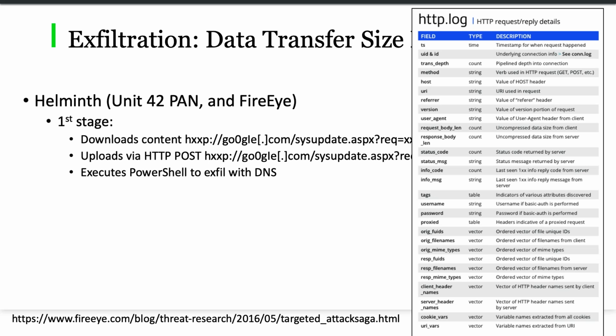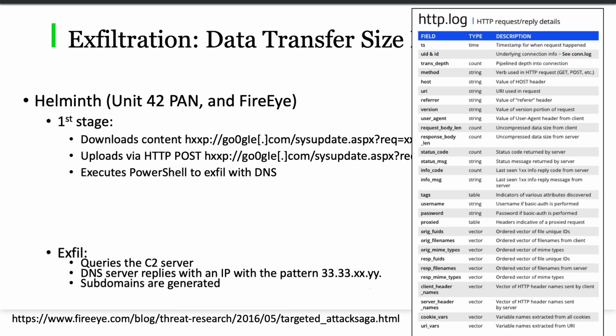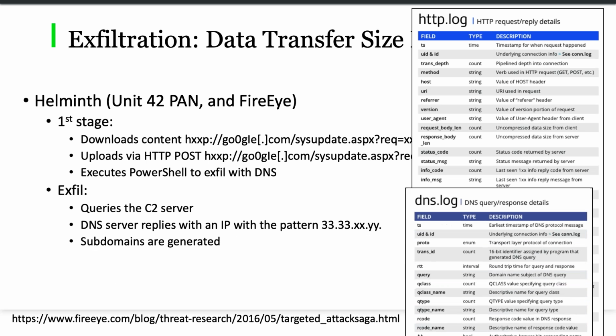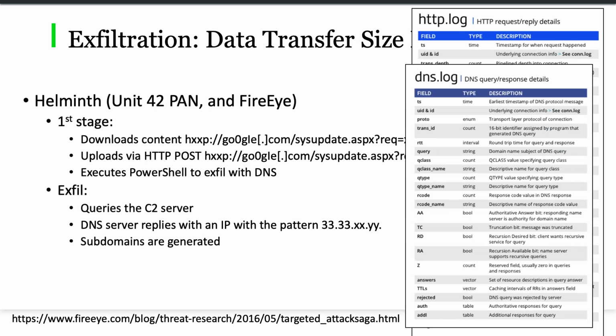So in this case, we can go through and maybe see the first stage, but what if you missed the first stage? And you see in this one instance, it can use PowerShell to exfiltrate data via DNS. Well, there's a very powerful DNS log. In this case, some of the steps it takes is it queries a C2 server. When it goes to that query, there's a query field in the DNS log, so we will record that query going out.